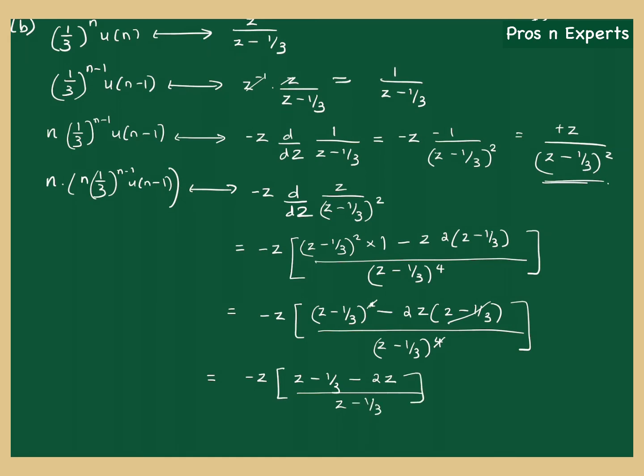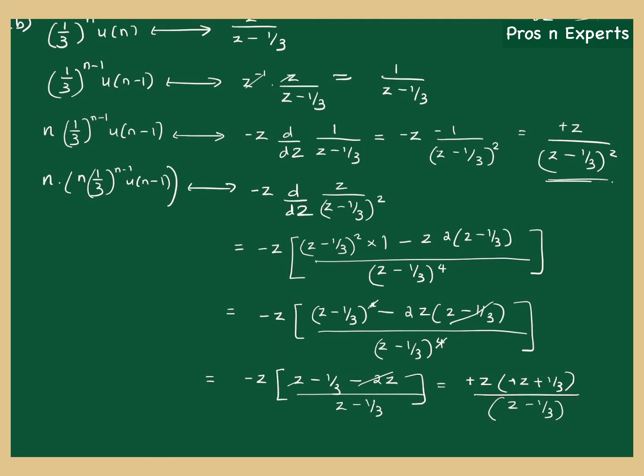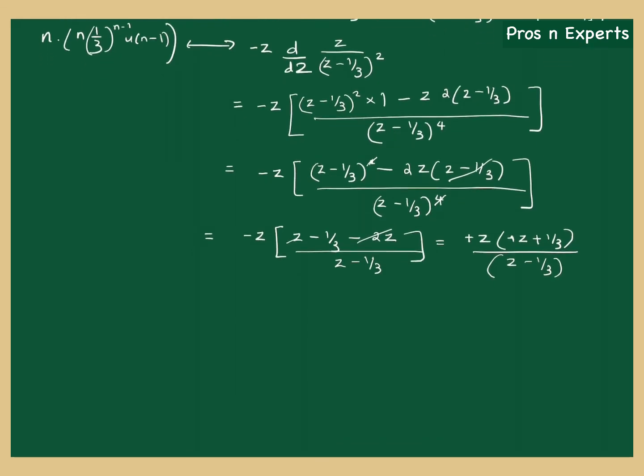Again we can simplify it: z minus 2z is minus z, so minus z minus 1 by 3. This is equal to minus z into minus (z plus 1 by 3), but this minus can be taken out, becomes plus, so all of this becomes plus, divided by (z minus 1 by 3). So ultimately the z transform we obtain is z into (z plus 1 by 3) divided by (z minus 1 by 3).